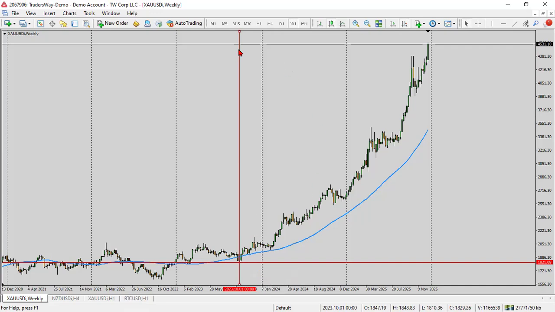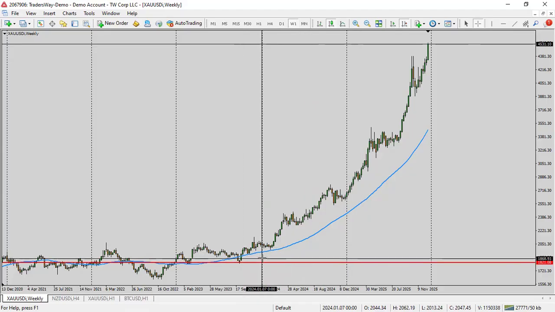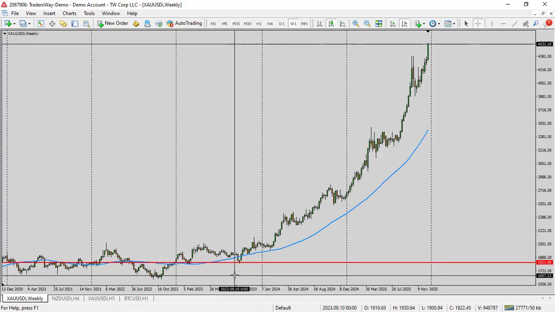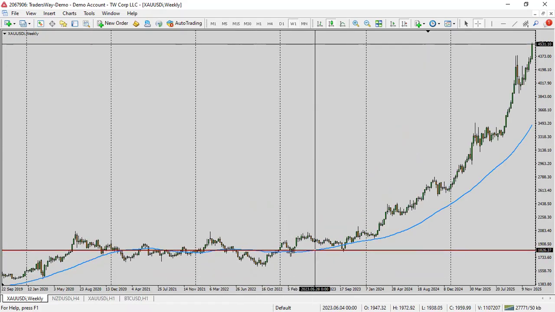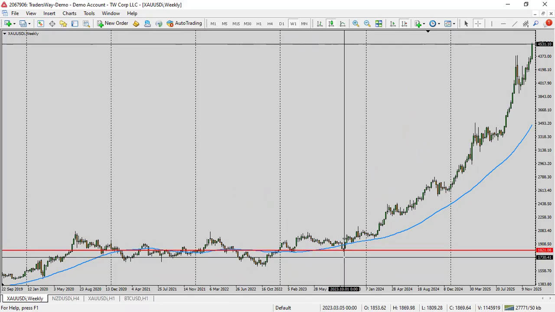Whether you want to swing trade or day trade, you understand the game, right? You got higher highs and higher lows. You got to know that since October of 2023, really right here, but I'm just saying because it's above the moving averages with the pullback.